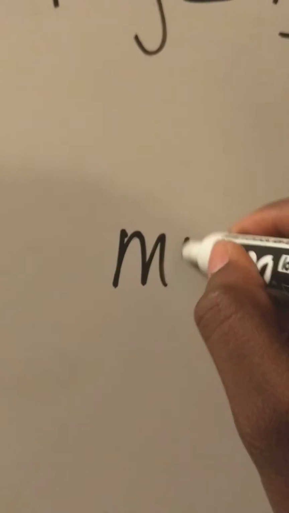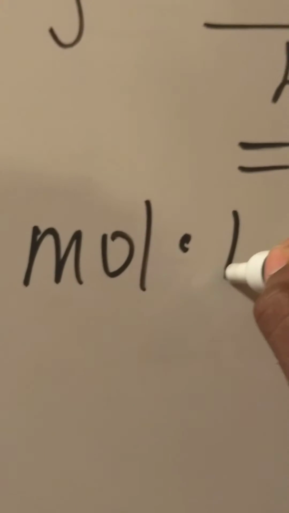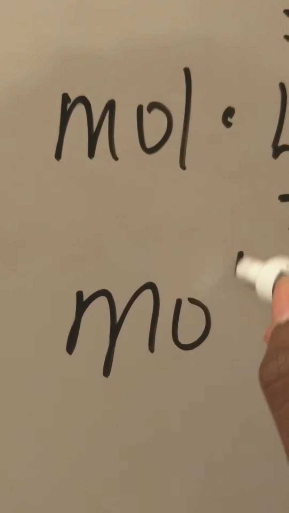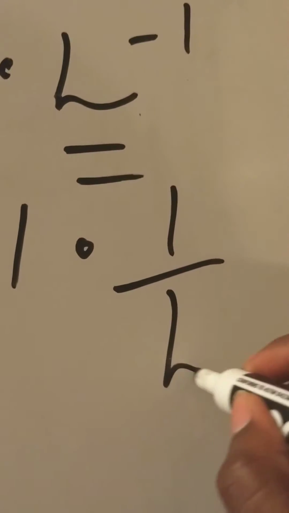M equals molarity, which equals moles over liters, which is also equal to moles times liters to the negative 1, which again is equal to moles times 1 over liters.